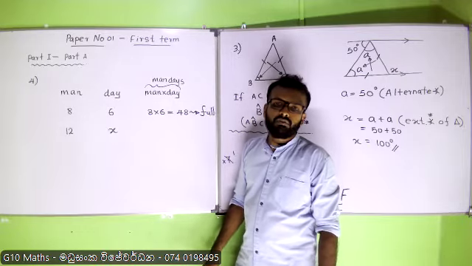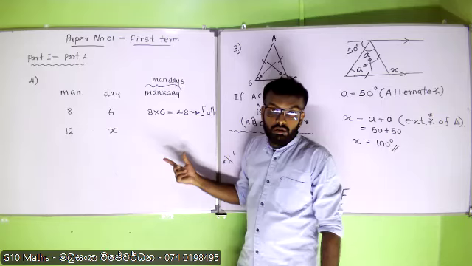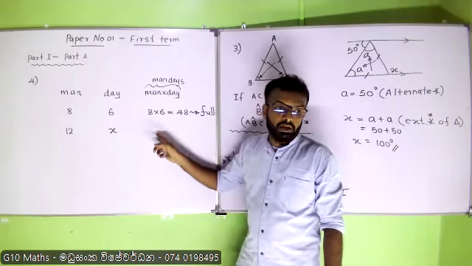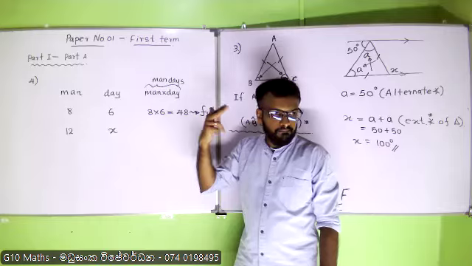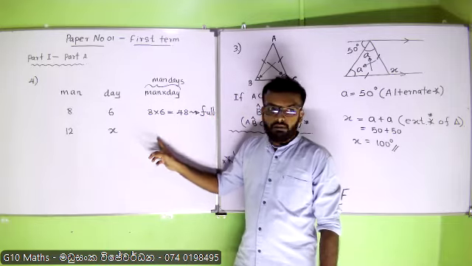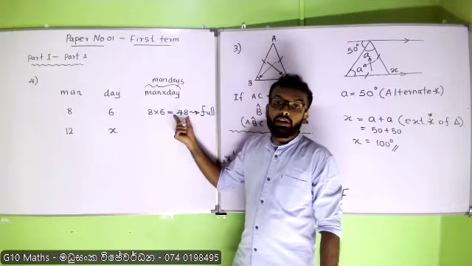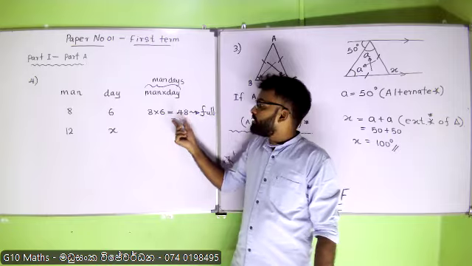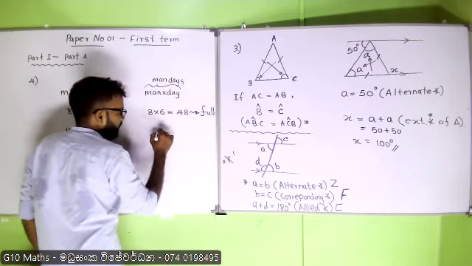Now, can anyone tell me, to complete the half of the wall, how many man days will be taken? Think and tell. 24. Yes. It would be great if you take half of this man days. So, 48 divided by 2.